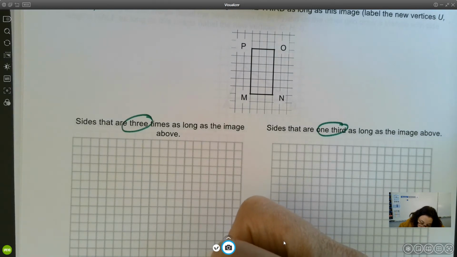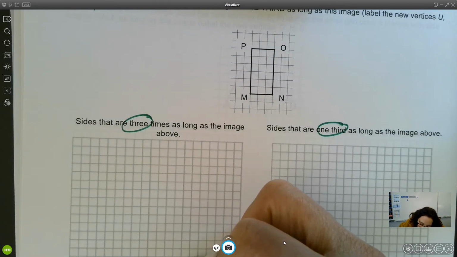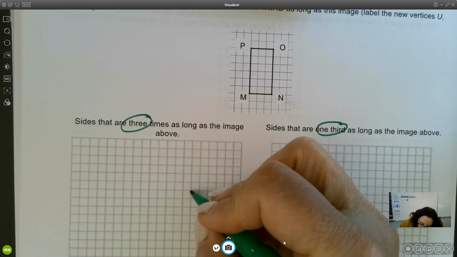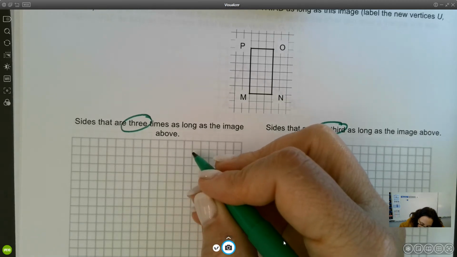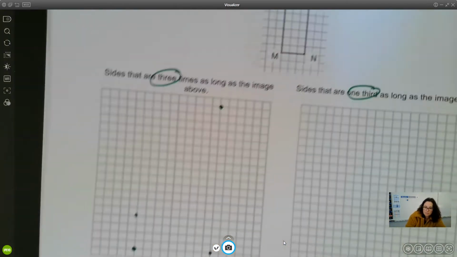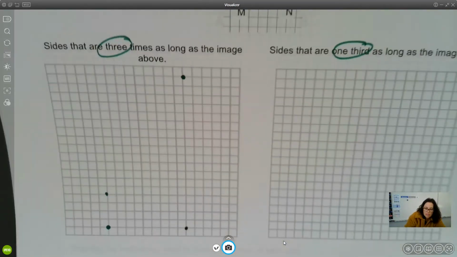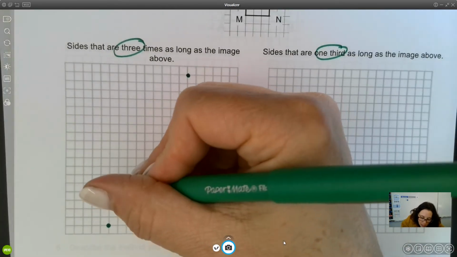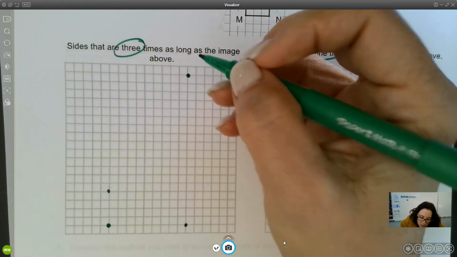It needs to be 18. 1, 2, 3, 4, 5, 6, 7, 8, 9, 10, 11, 12, 13, 14, 15, 16, 17. Glad I went down a little further. So ignore that dot here. I'm going to, in fact, draw a line through it here in a moment. This dot, I needed to go lower to count up 18.